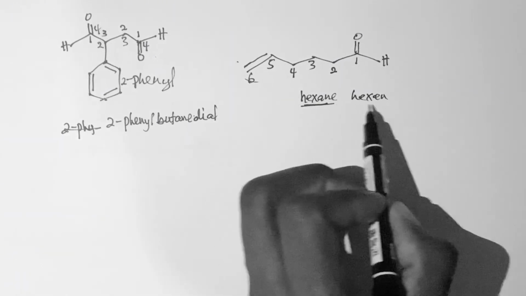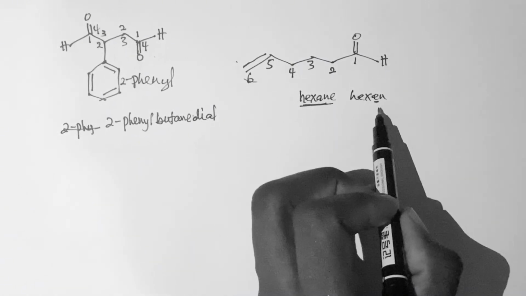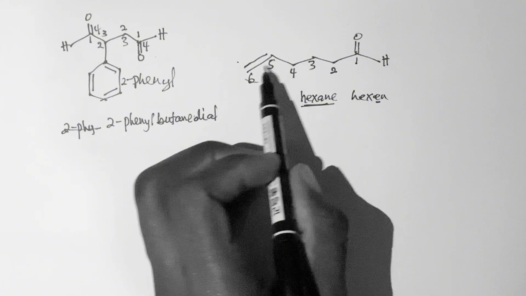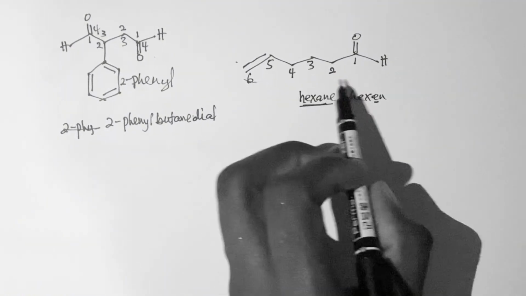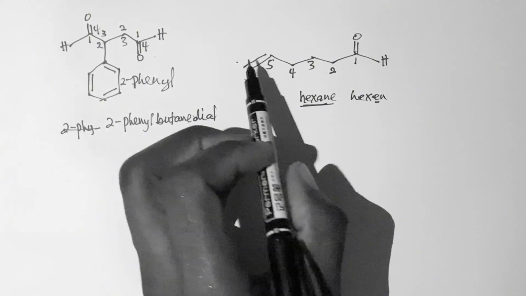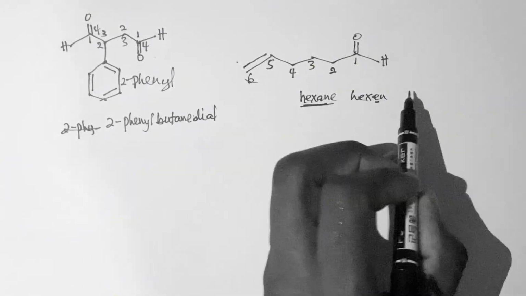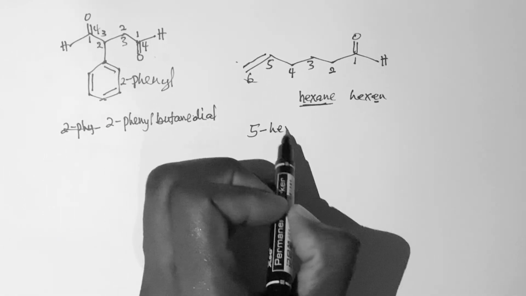Anytime you see ene in the parent chain, then you know that that parent chain contains an alkene functional group. But the alkene functional group is on carbon number 5. So we have a 5-hexene. So this becomes 5-hexene now.